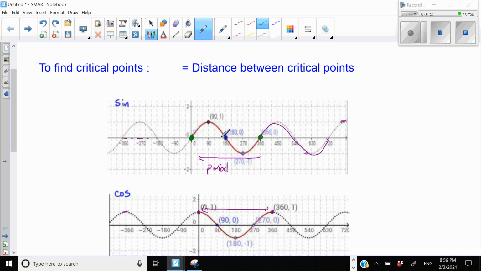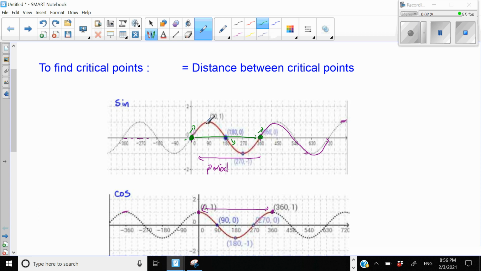Not this one, because the difference between these 2 points are this. Right after this point, the function is going up, but right after this one, it's going to go down. So they are not repeating each other, but these two are repeating each other. Right after them, the function is going up. So if I find the distance between these 2 points, I have found the period of function.